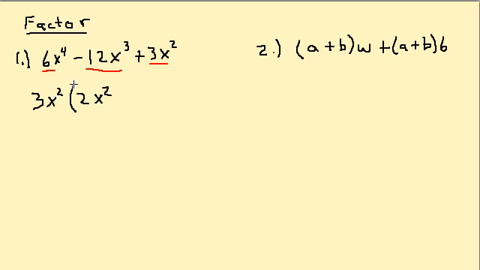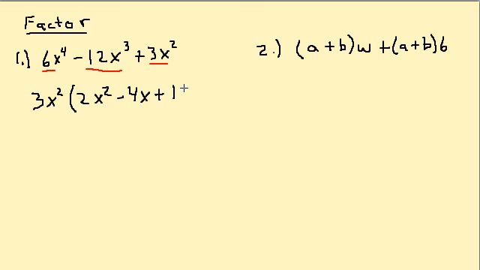Then if I take a 3x squared out of the 12x cubed, that's going to leave me with 4x, because 3x squared times 4x is 12x cubed. And then if I take a 3x squared out of here, I'm left with 1, because 3x squared times 1 is 3x squared.